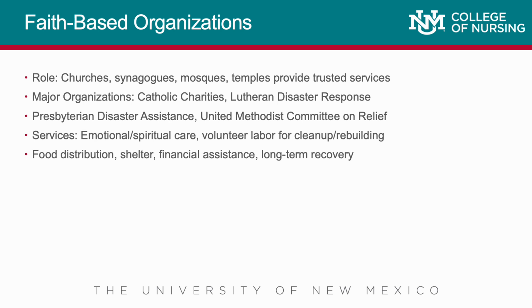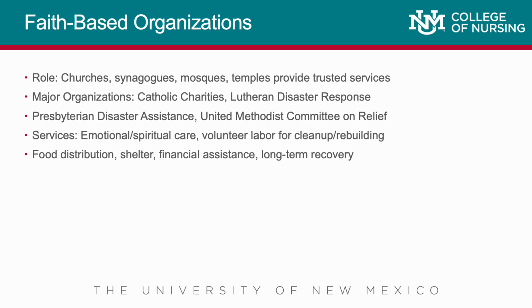Faith communities provide trusted outreach, facilities for shelters, and motivated volunteers. Major organizations like Catholic Charities and Islamic Relief provide disaster case management, financial aid, and long-term recovery support. They are often the first to reach underserved populations.